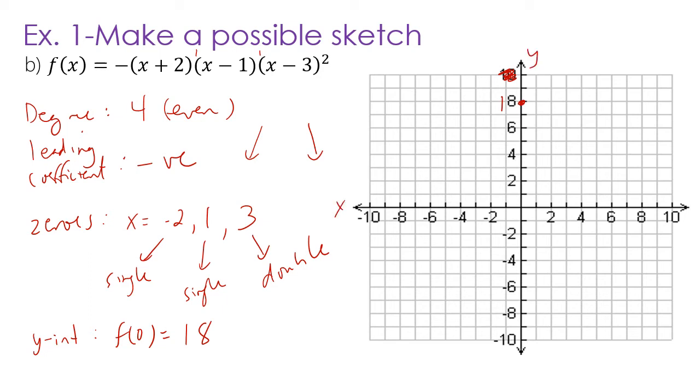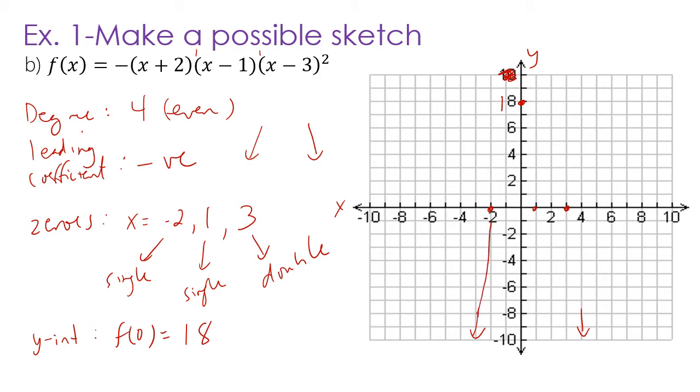X-axis, y-axis. Let's put our zeros on: -2, 1, and 3. I know I've got to end up like this. So, -2 is a single root, so is 1.